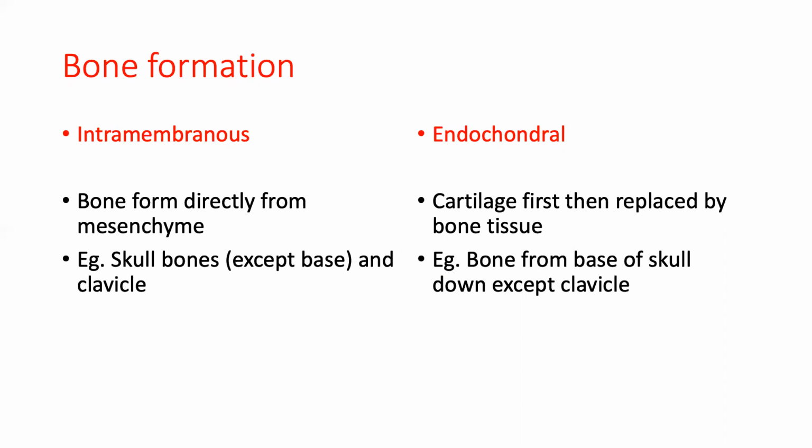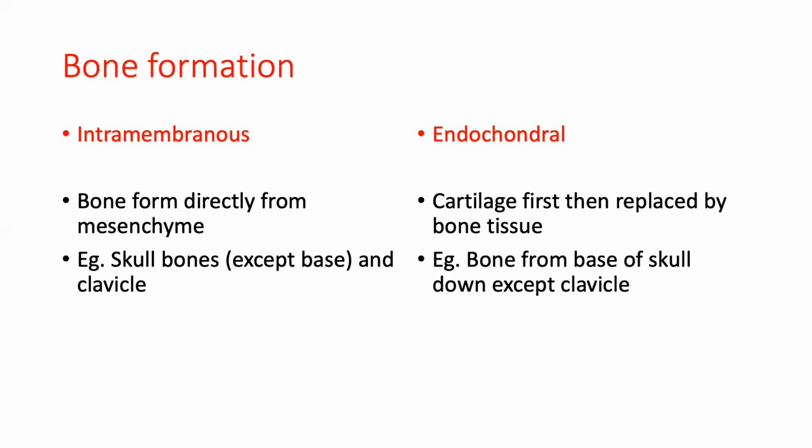It is rare, and we need to remember two bones: the skull bone, which is a flat bone, and the clavicle, which is the collarbone. These two bones are formed by intramembranous ossification. So it's easy now. The rest of the bones in our body are all formed by endochondral ossification.